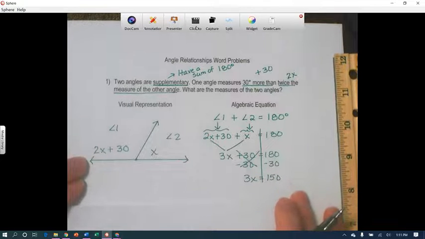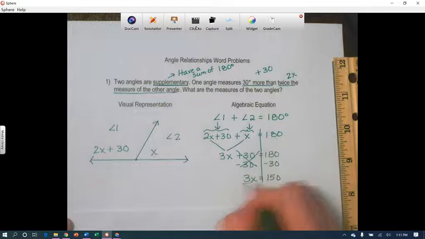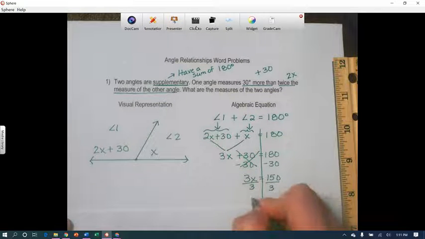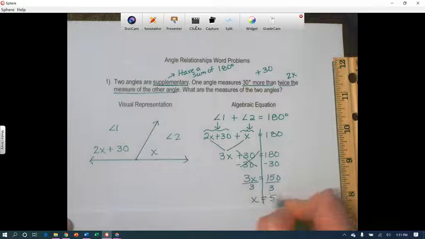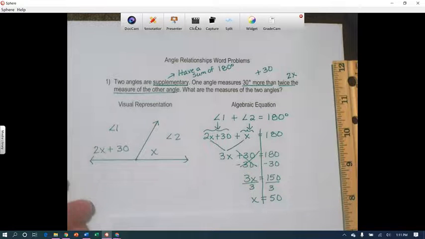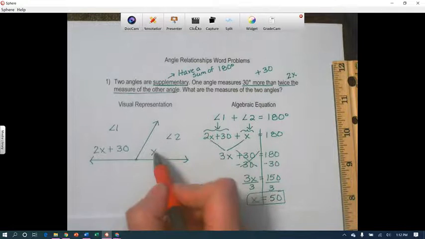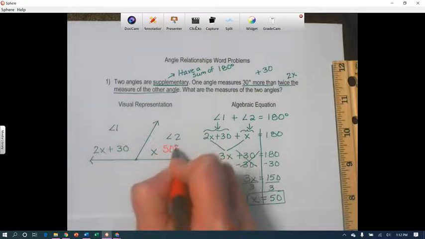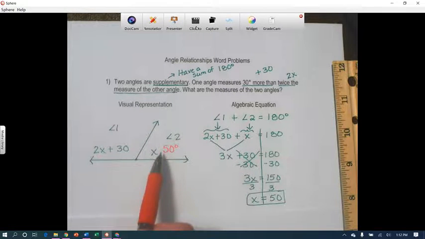The inverse of multiplying x by 3 is to divide by 3. And I know that x is equal to 50. So if x is equal to 50 degrees, that means that angle 2 is equal to 50 degrees, because that angle measure is x.